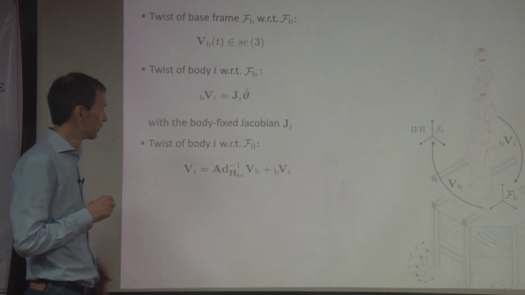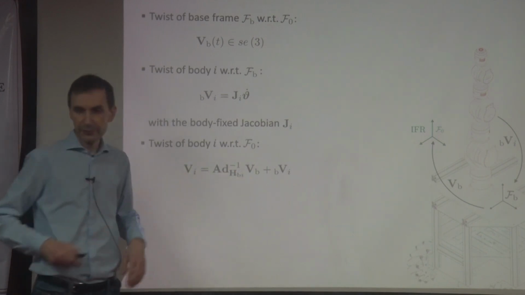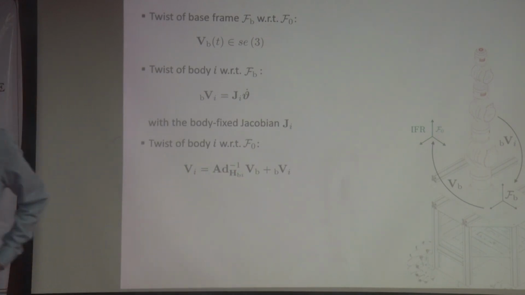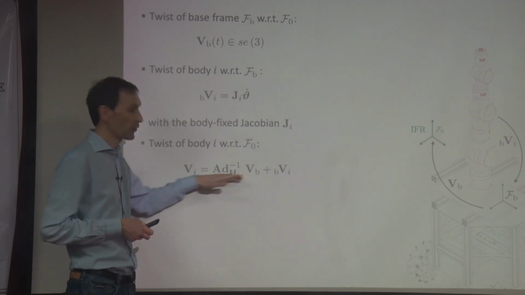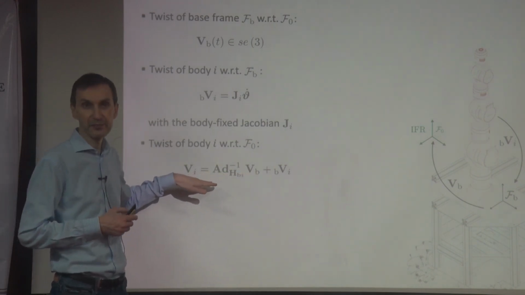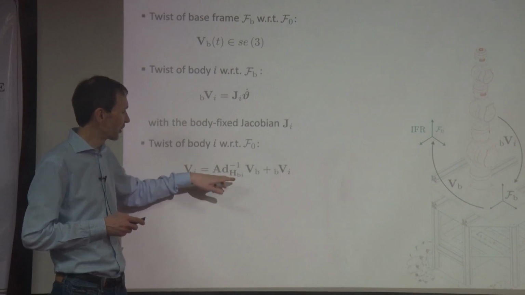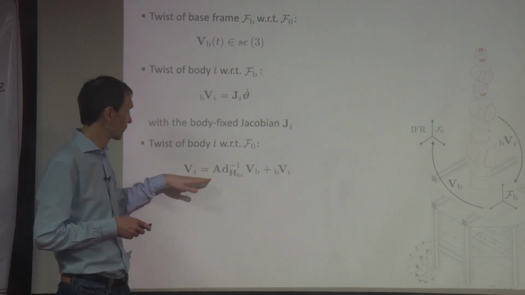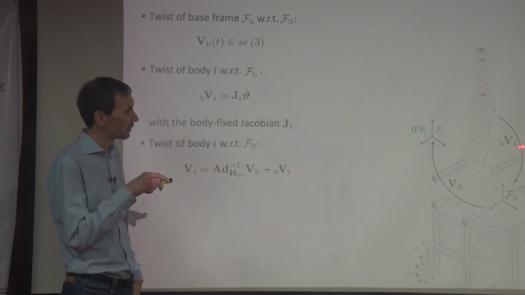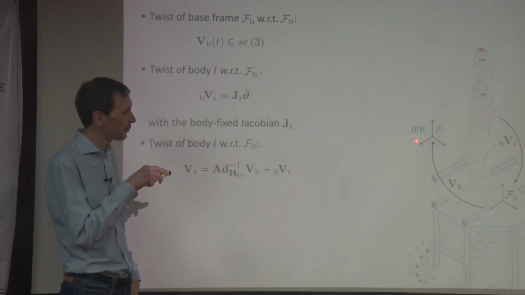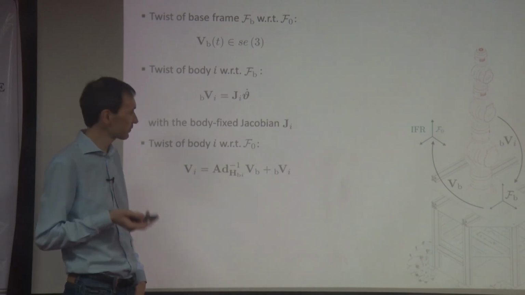And again, if you followed the basic ideas, maybe not necessarily all this mathematics, you should understand what's written here. I kind of repeat myself, but it's good to repeat it. So VI, the twist of body I relative to the space-fixed frame. How do you get it?